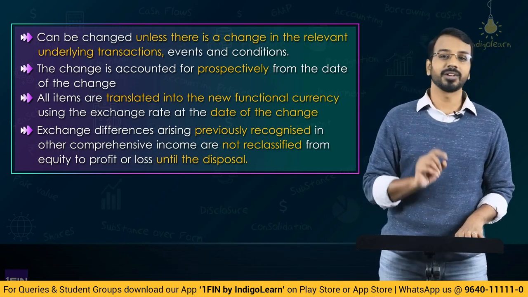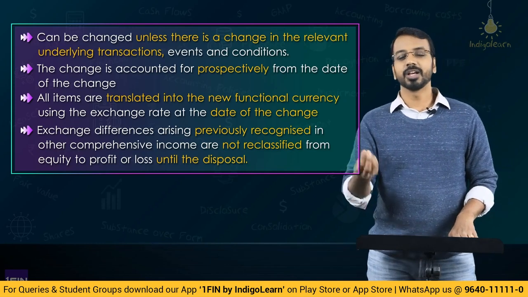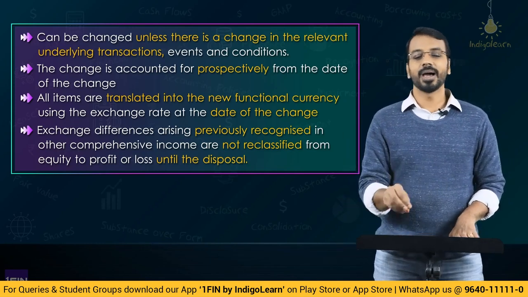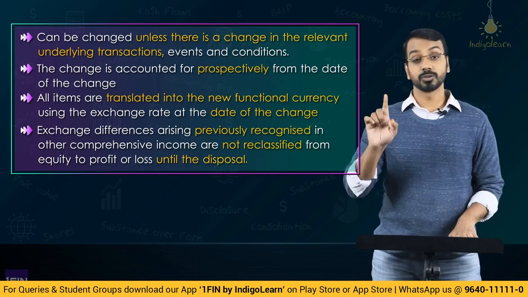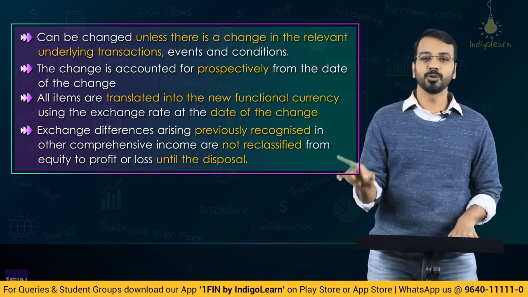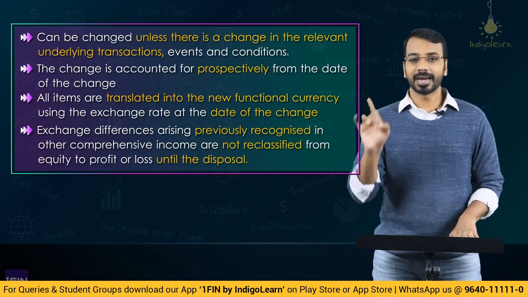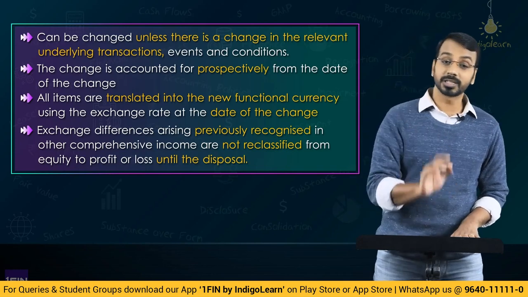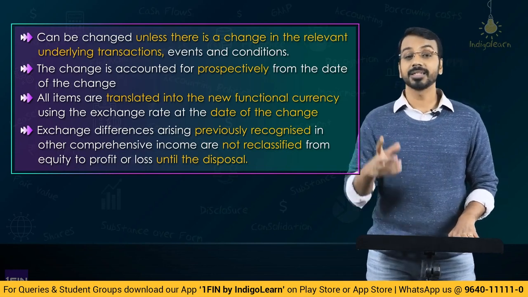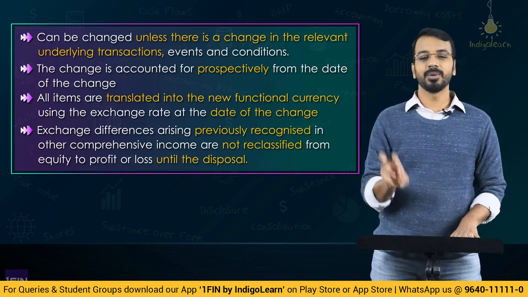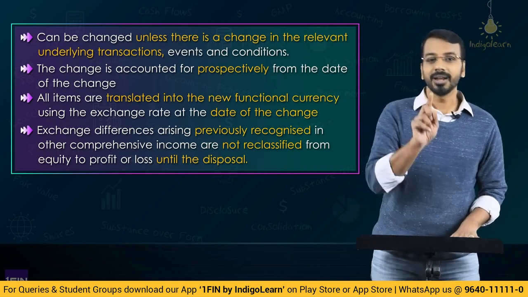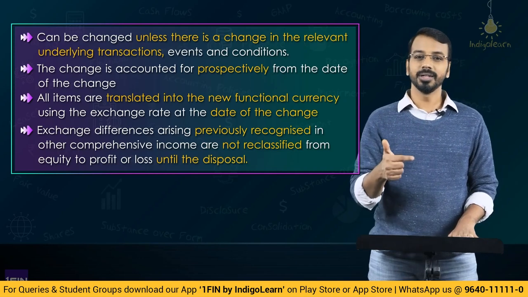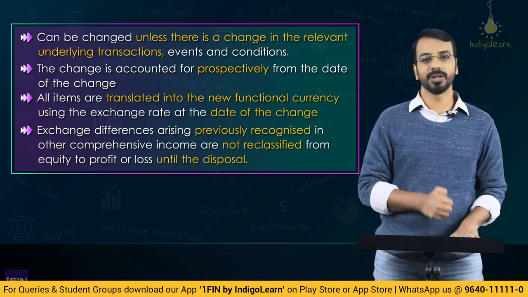Just because you have changed the functional currency does not mean that you will transfer the OCI balance to the P&L. No, that is not allowed. So, the OCI balance will continue to remain in OCI. The transactions will be accounted using the new functional currency, and on the date of change, you will translate your assets and liability balances to the new functional currency. Right? That is how the change in functional currency will be accounted for.